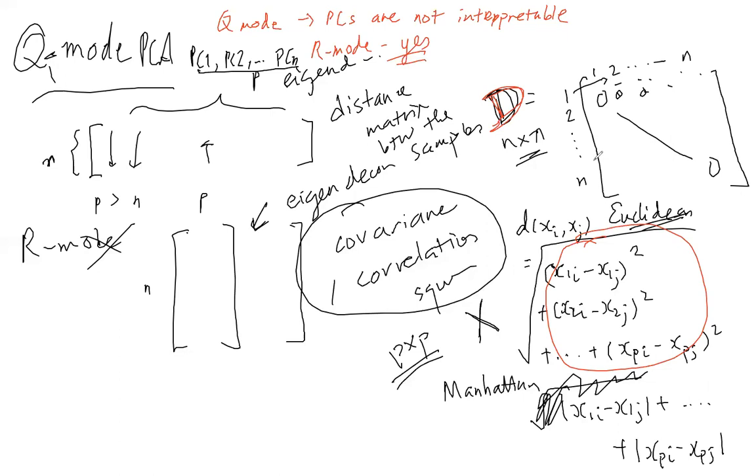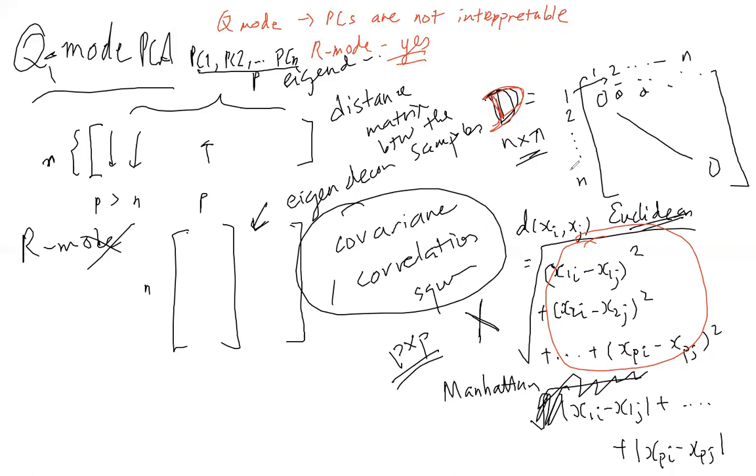It could be Euclidean, Manhattan, or whatever. So there's no general theory to properly explain how the variables actually come in and affect the principal components that you get. It's different from your R mode.